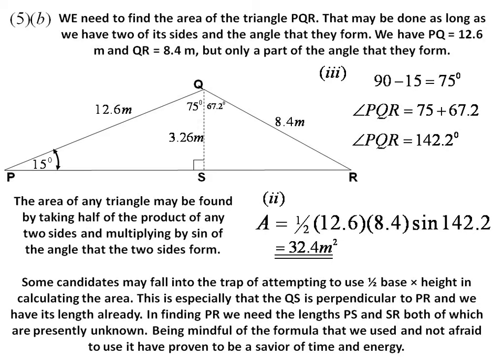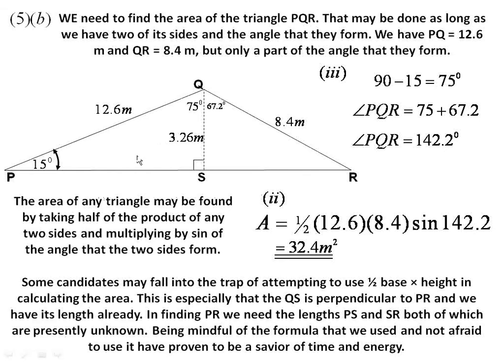Being mindful of the formula that we used and not afraid to use it has proven to be a savior of time and energy. So if we were about to use half base times height, we will have to find the length of this one and the length of this one, put both of them together, and that will give us the base.